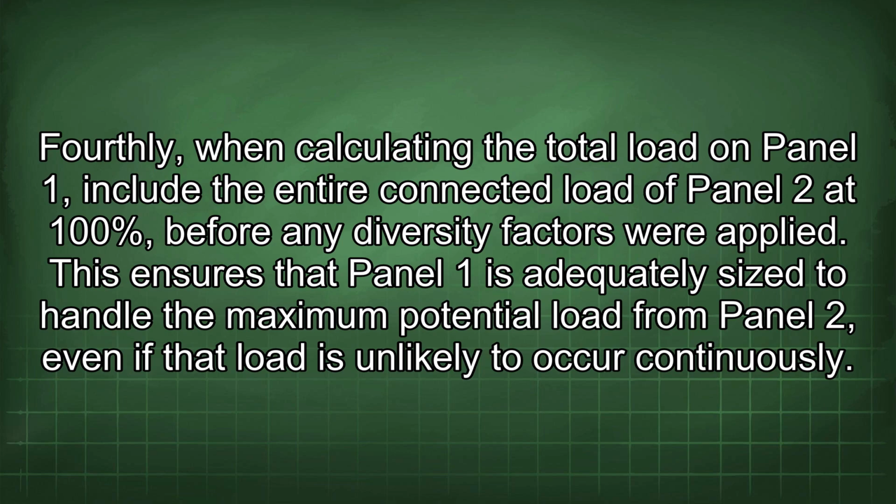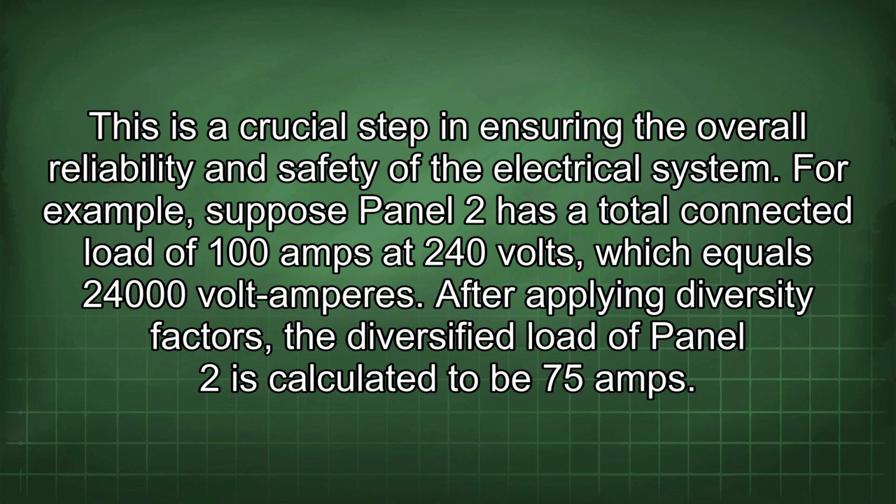Fourthly, when calculating the total load on panel 1, include the entire connected load of panel 2 at 100%, before any diversity factors were applied. This ensures that panel 1 is adequately sized to handle the maximum potential load from panel 2, even if the load is unlikely to occur continuously. This is a crucial step in ensuring the overall reliability and safety of the electrical system.